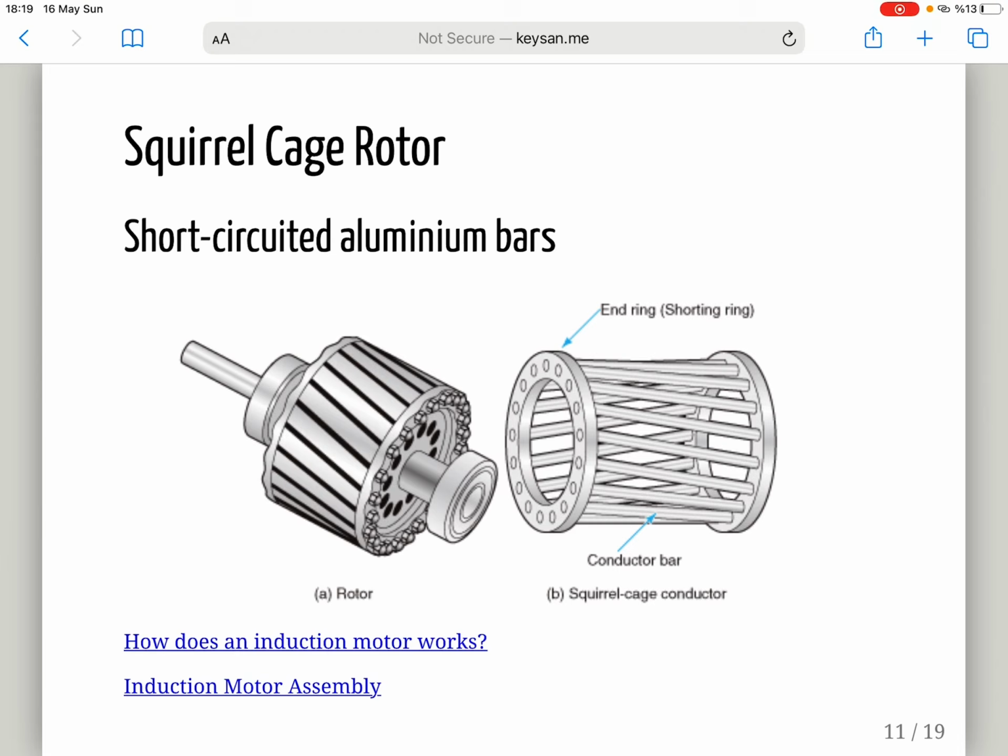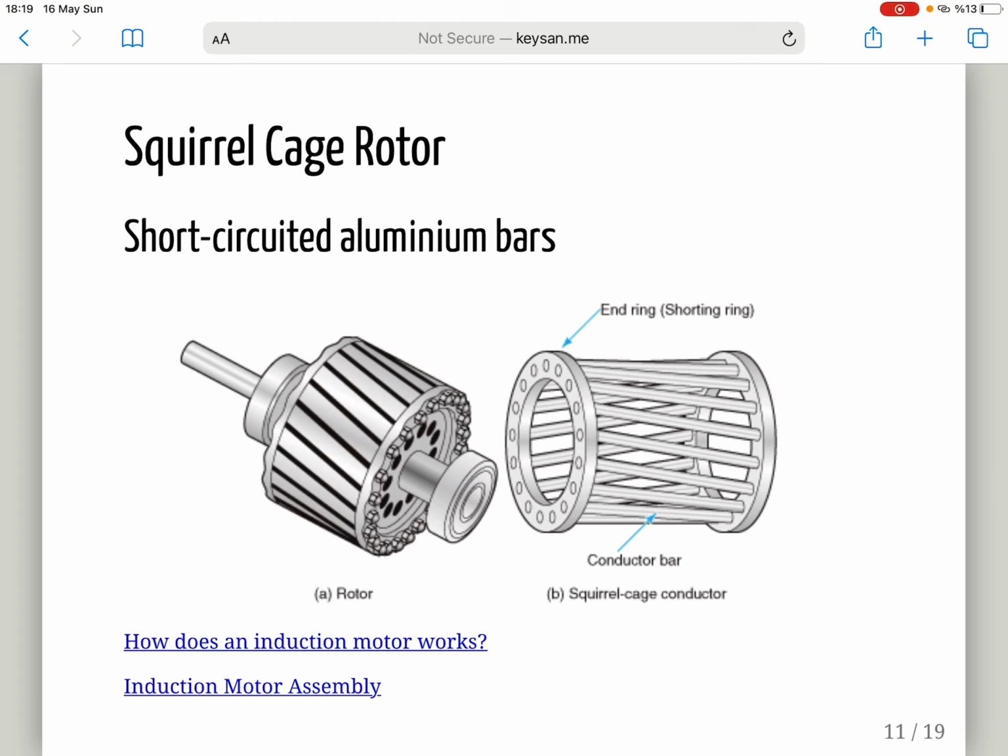They have those bars, which are aluminum bars, and those aluminum bars are short-circuited using end rings. On the right and on the left there are two rings, short-circuiting those bars. So electrically, if you look at that picture, it is the same as a Coca-Cola tin. Okay, so it is short-circuited.